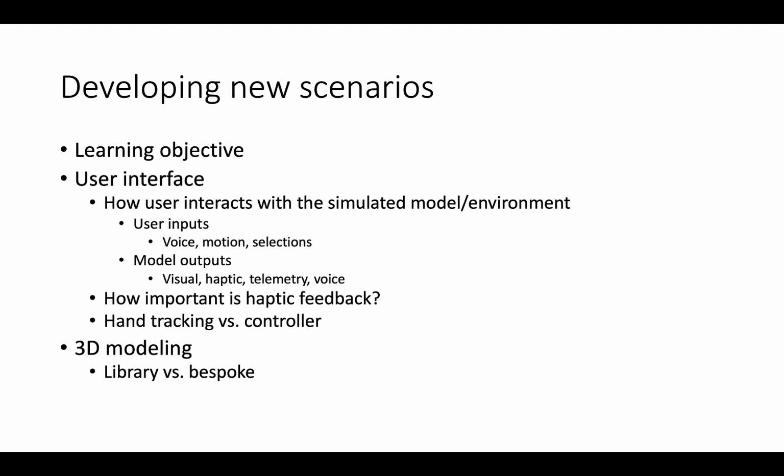Would it be a controller-based model where you would have to then use a specific controller in order to provide certain inputs? You would have to track different movements that the avatar of the user within the simulation would make in order to detect when they pick up the pads from the defibrillator. And then you would have to determine what series of inputs would be required in order to actually place those pads on the mannequin.